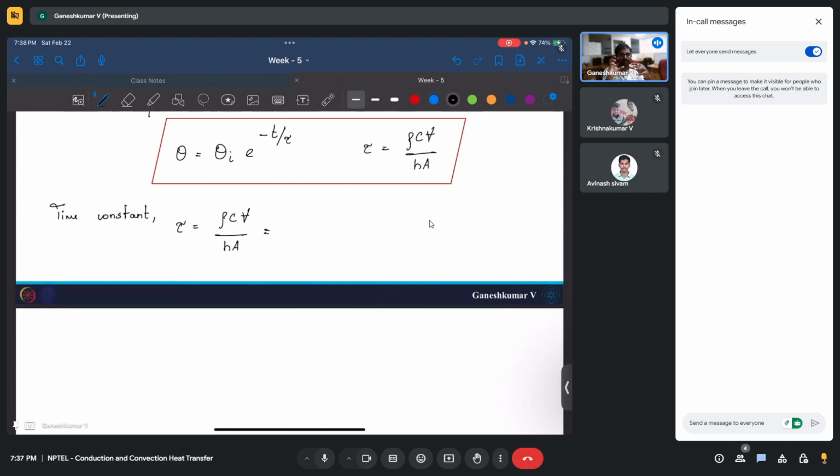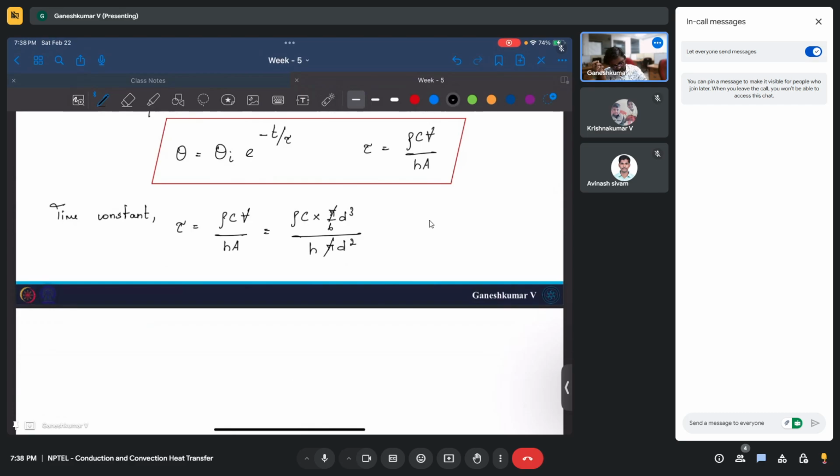For a sphere, the surface area where the convective heat transfer is happening is 4 pi r square, or pi d square, right? So what happens if you write the volume of the sphere as pi by 6 d cube, and h into area is h pi d square.